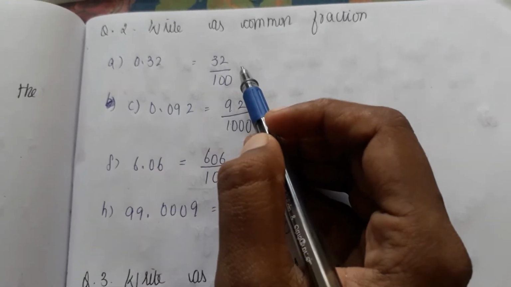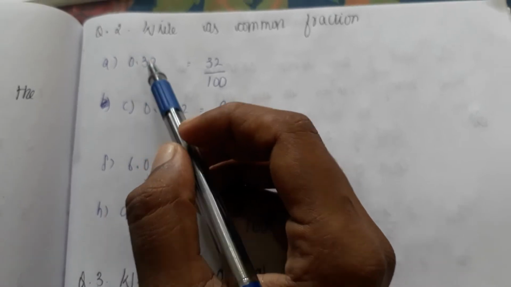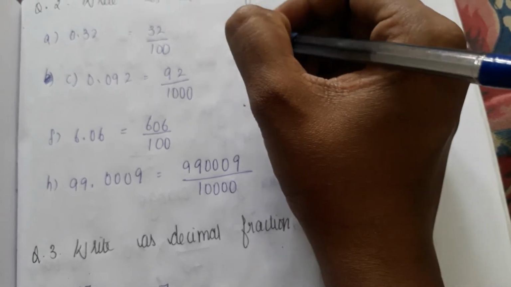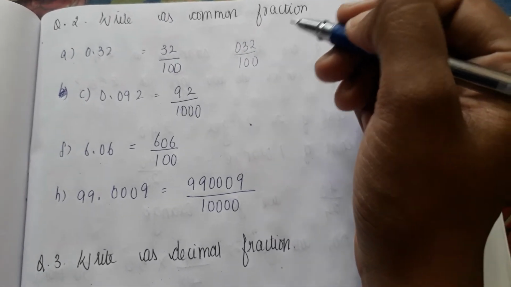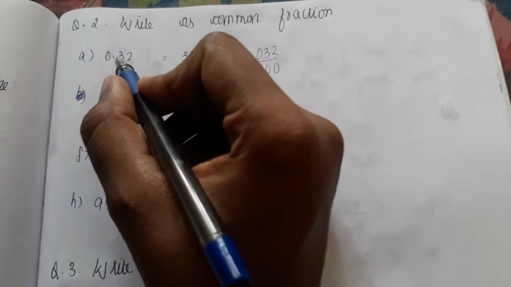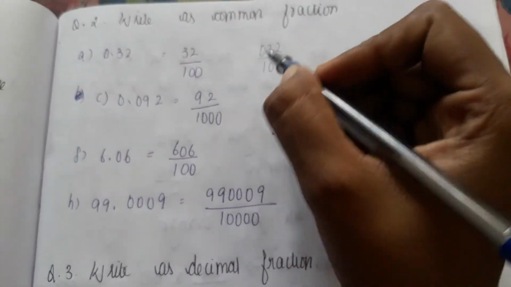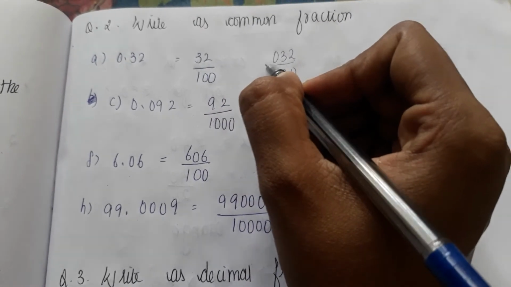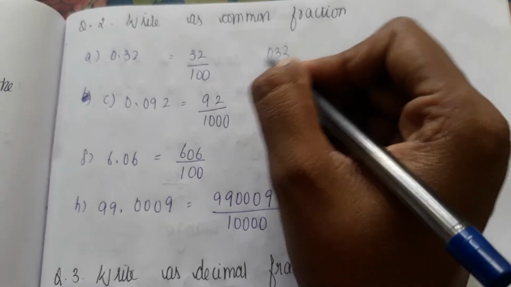So what you have to do, first step, you remove this decimal point and write as it is. It means 032 by 100, right? When you remove the decimal point it becomes 032. So 032 I have written as 32, because 0 doesn't have any value here, so I neglect that 0.